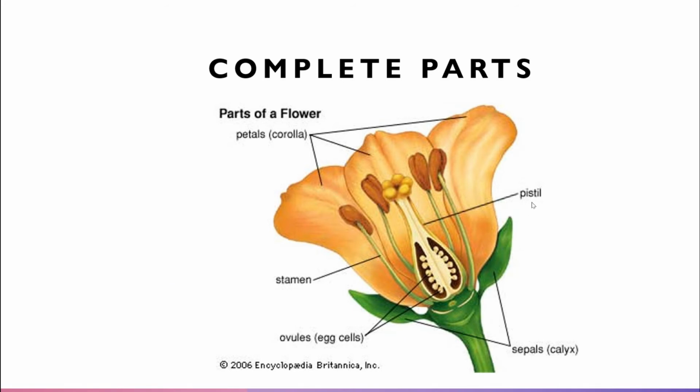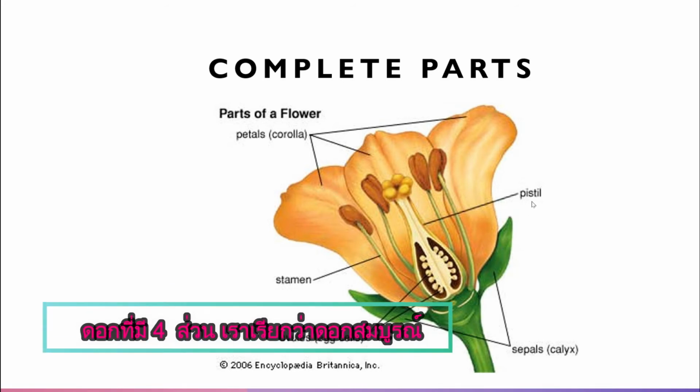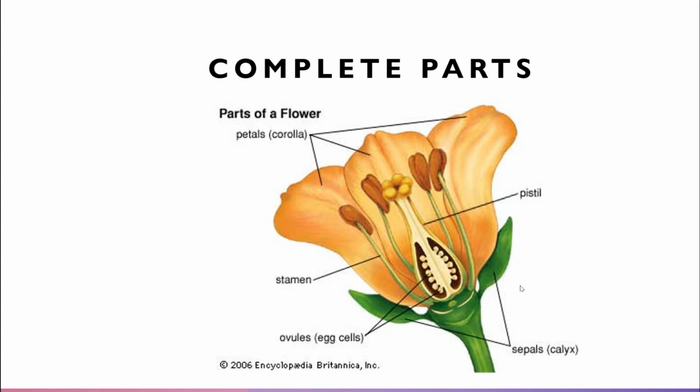One more time: you can say that the flower is complete if the flower has 4 parts. Number 1, we have sepals, and we also have petals. This is petals here, and we have stamen. Stamen is composed of anther and filament, and we have pistils.